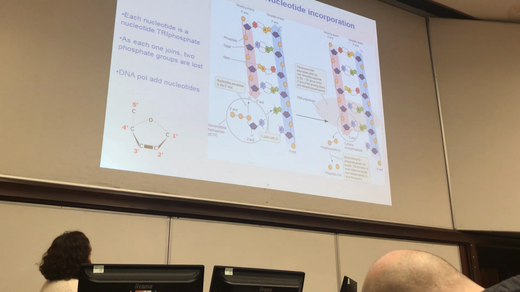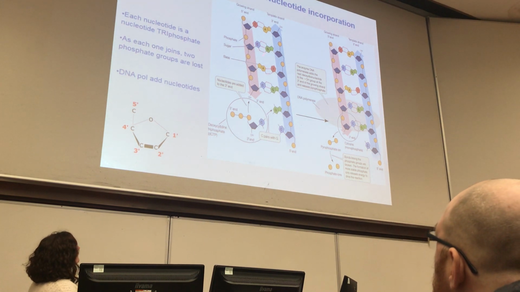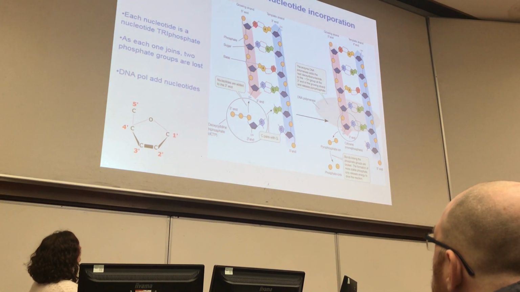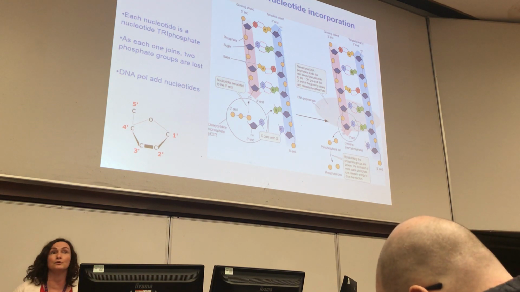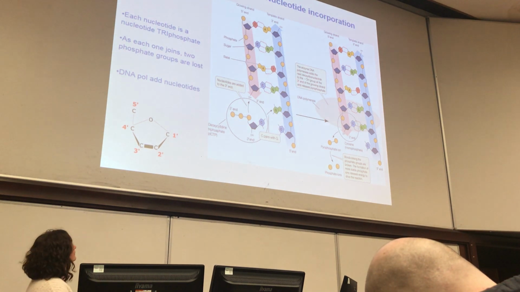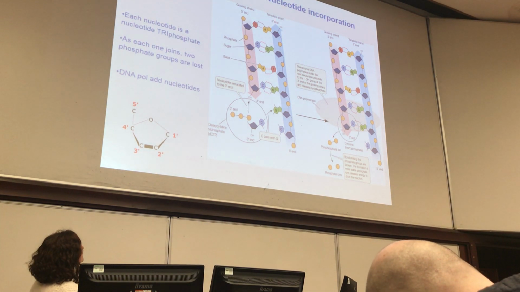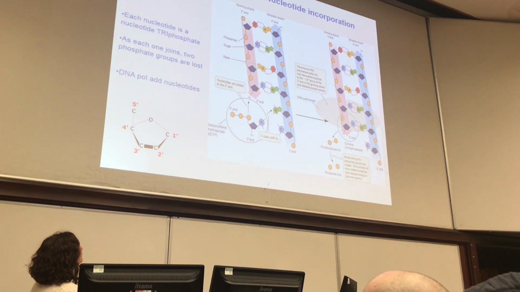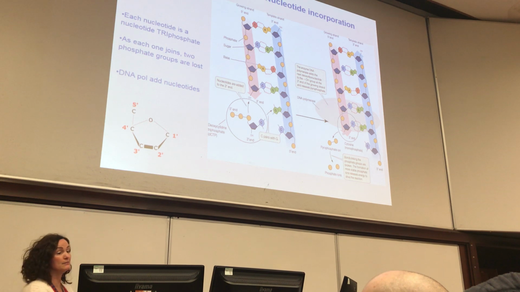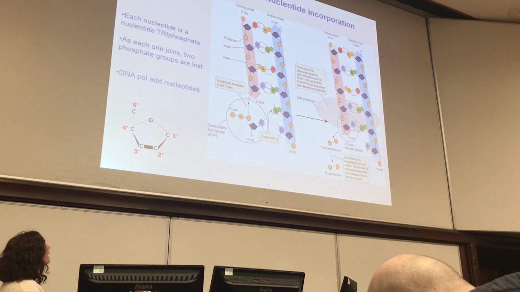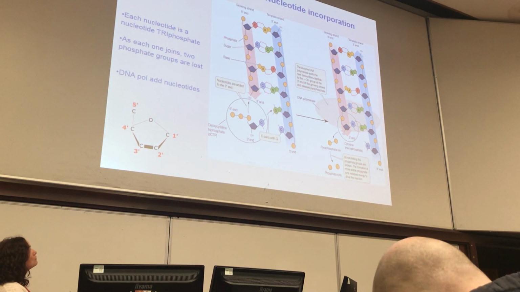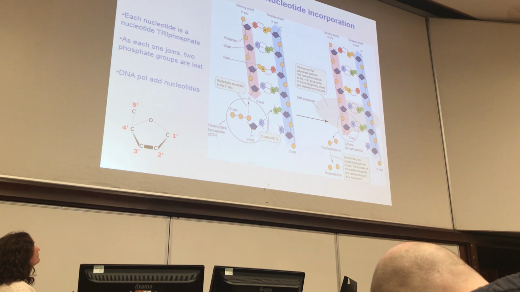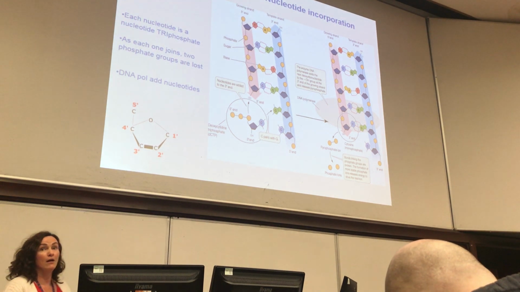And what you'll notice as well in this diagram is that we have orientation assigned to the DNA strands. So you've got your template strand, so your parental strand here, going in the 3' to 5' orientation, and then you have your growing strand in the 5' to 3'.